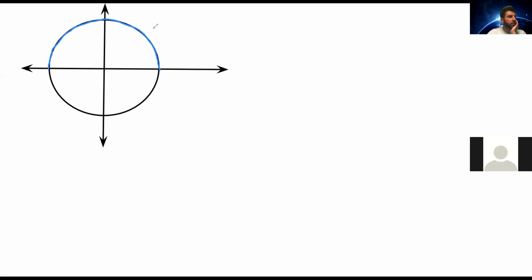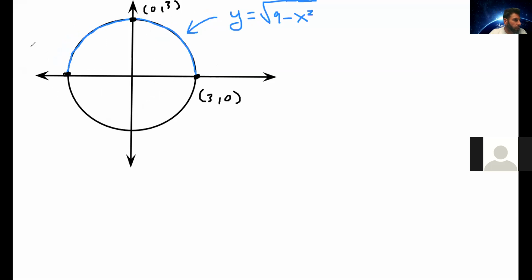And so I'm going to say this is the equation y equals the square root of 9 minus x squared. And that's the equation of a semicircle, the top half at least. And if I label some points, for example, this is the point (3, 0). This is the point (0, 3). And for full disclosure, this is the point (-3, 0).